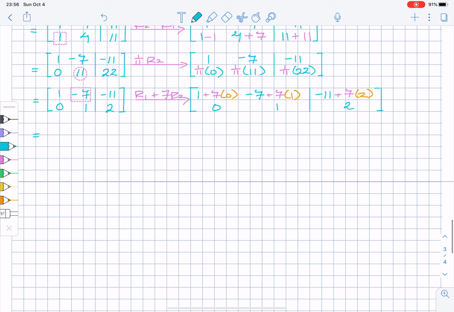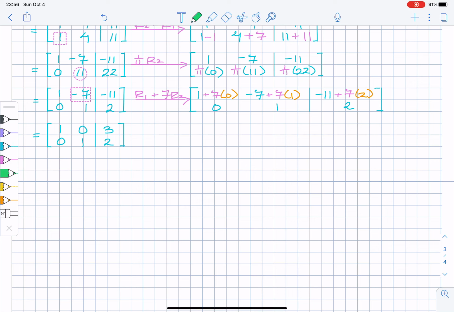So what this gets me then will be 1 plus 0 is 1, 0. Negative 7 plus 7 is 0, 1. Augment. Negative 11 plus 14 is 3, and 2.